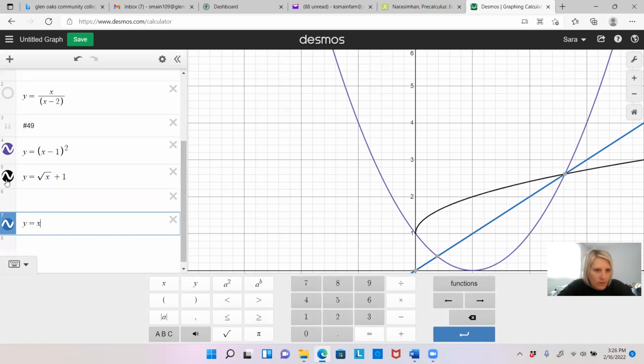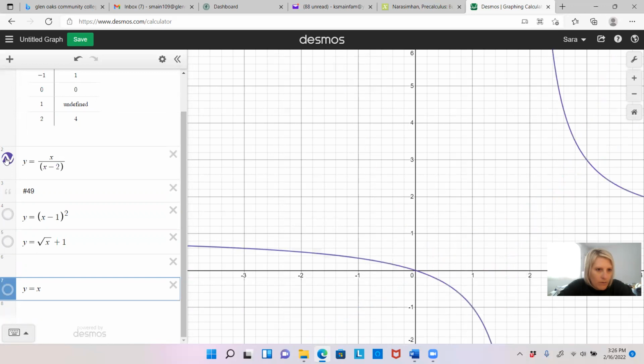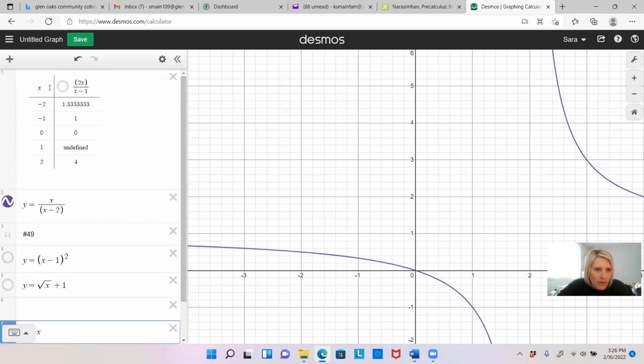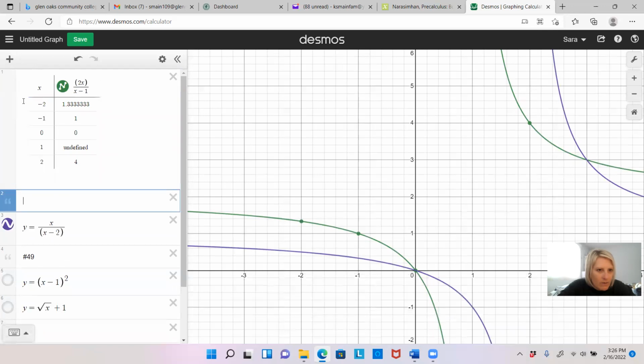So I'm going to turn those three off for color right now. Let's go back up to the 53. So there's 53 and its inverse. And then let's go up here. Let's do a note. This is number 53.